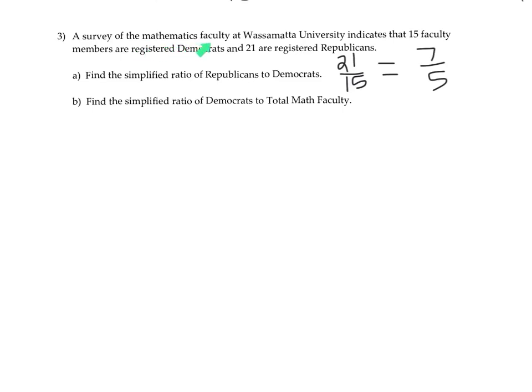The survey indicates that 15 are Democrats and 21 are Republicans. So 15 plus 21 gives us the total, which is 36. So 15 Democrats to a total faculty of 36. These can both divide by 3, which gives 5/12. So it means there are 5 Democrats to 12 total faculty.